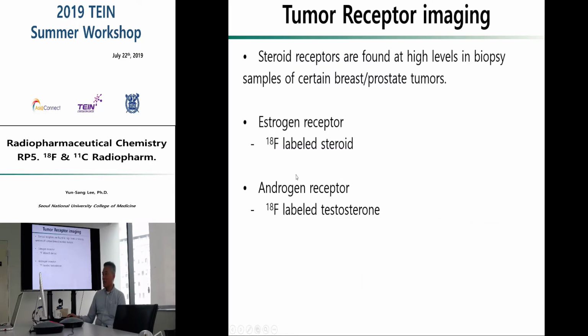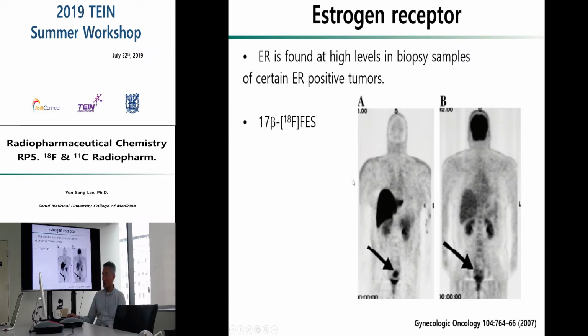And for tumor receptors, we can label F18 for the estrogen receptor or androgen receptor. We can see the FES. Also, this FES is listed in the USP, so we can use it as a house compounding compound.